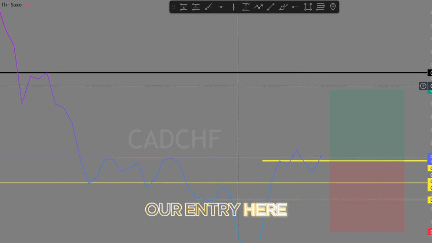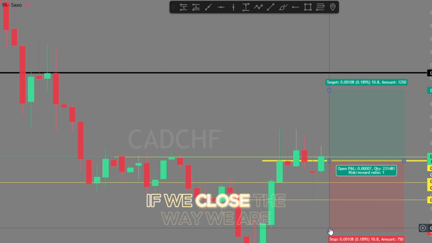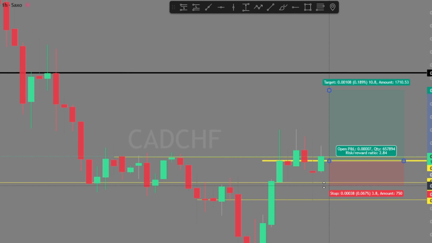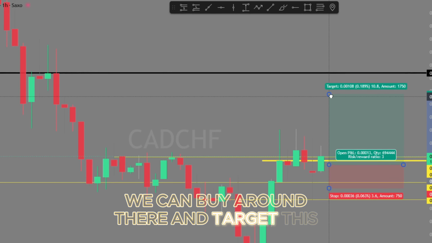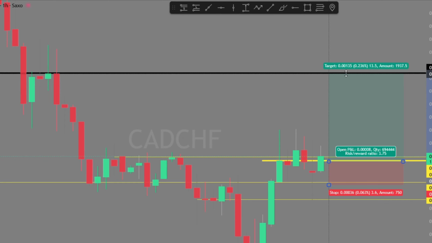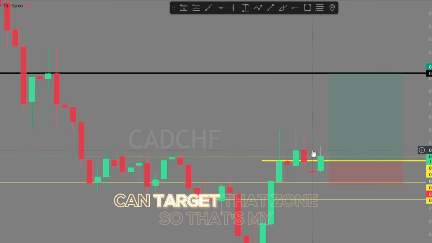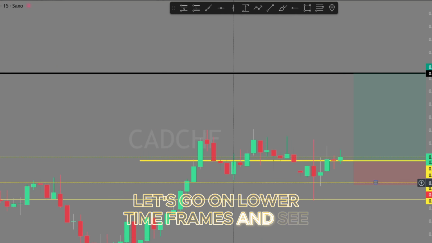But our entry here, if we close the way we are, we can buy around there and target this, and we can target that zone. So let's go on lower time frames and see.